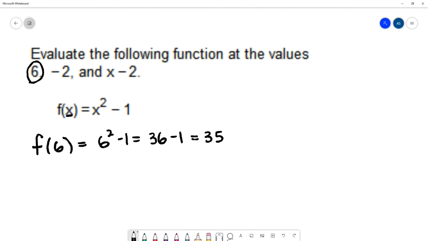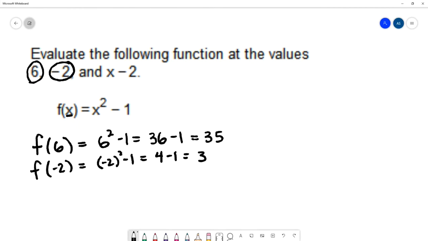Then we want to evaluate at negative 2. So that's replacing the x with negative 2. So this gives negative 2 squared minus 1. We'll follow order of operations. Negative 2 squared is 4. Minus 1 gives 3.